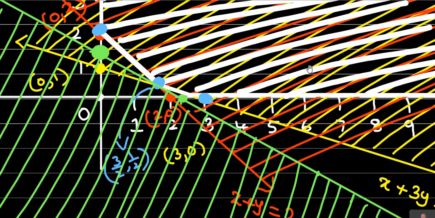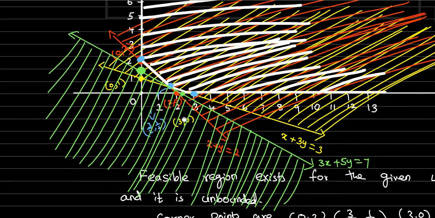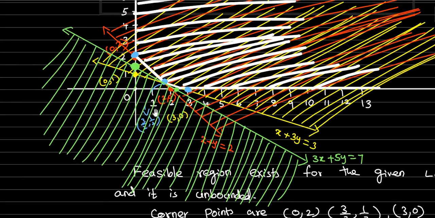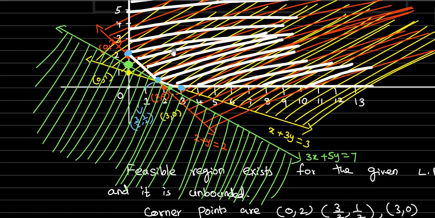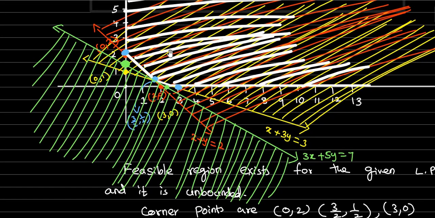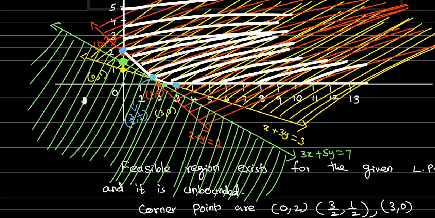The white shaded portion is the feasible region. The green shaded part is the graph of 3x plus 5y less than 7.